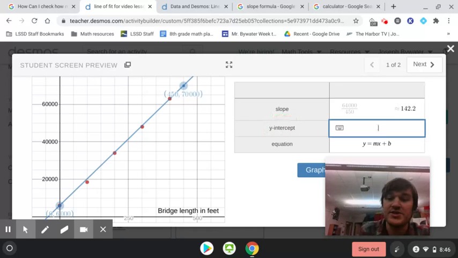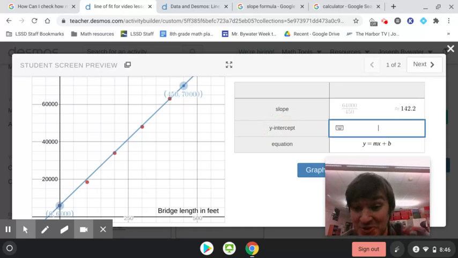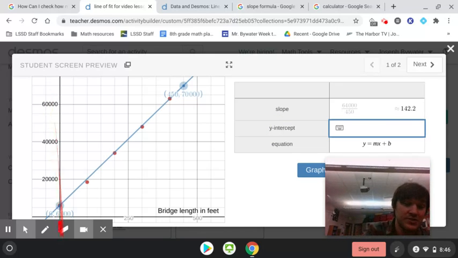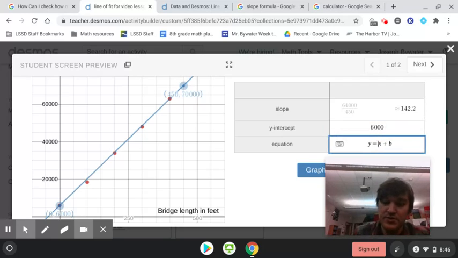The y-intercept is just the start of your line, or you can think of it as the place where your line crosses the y-axis. In this case, it's 6,000. So my y-intercept is that start, 6,000. Now I can write my equation. Slope goes in the m spot, so I'm going to change m to 6,000.